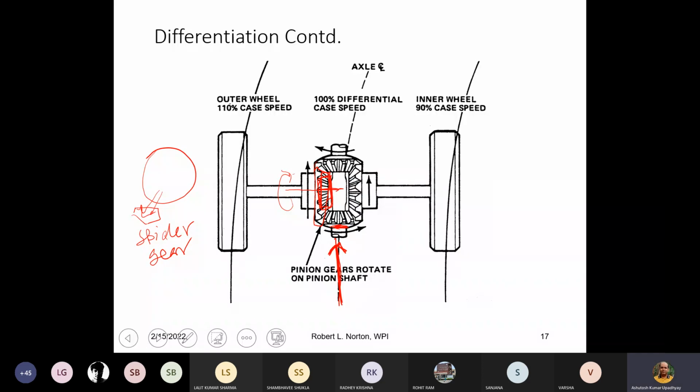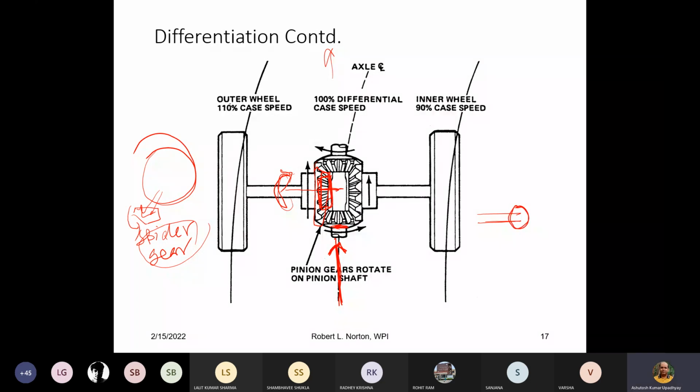So the basic thing is that when you are running on a straight line, this spider gear will be static. Of course it will rotate along the shaft, but it will not rotate on its own axis. So there are actually two motions with this particular gear, our spider gear.